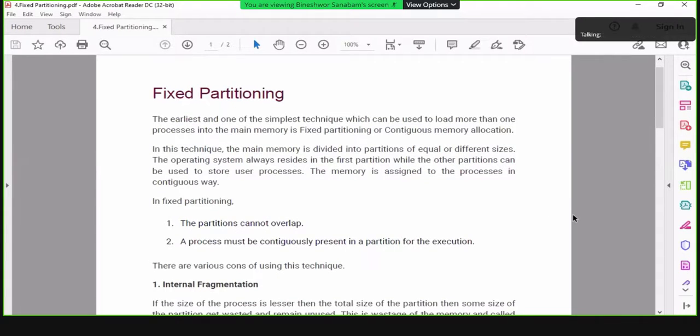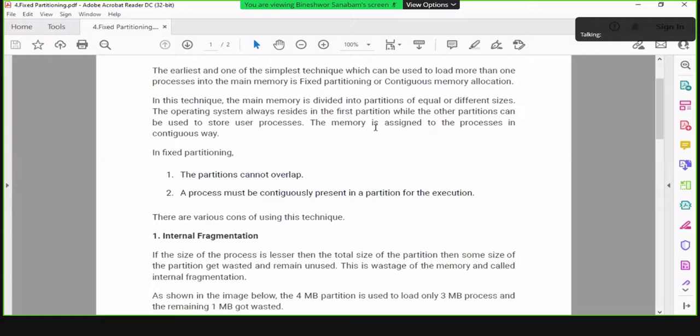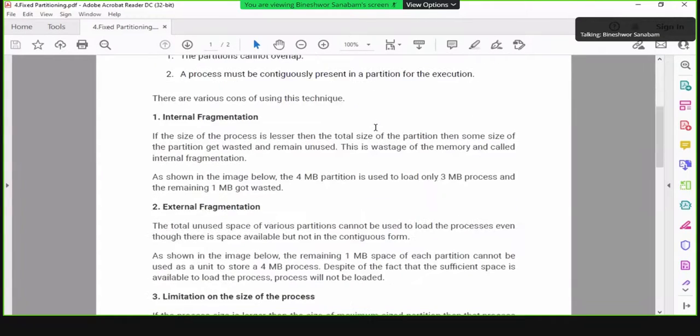When we are talking about fixed partitioning, we have two types of cons: one we call internal fragmentation, and the other we call external fragmentation. These are two terms you might have seen before.